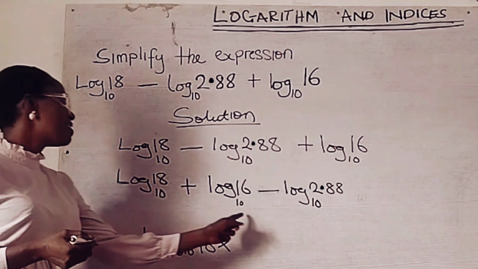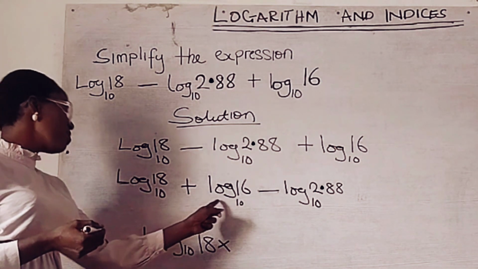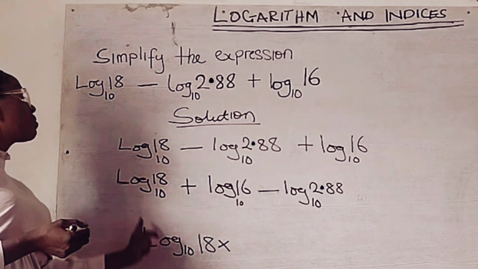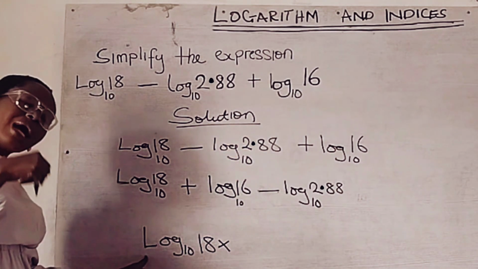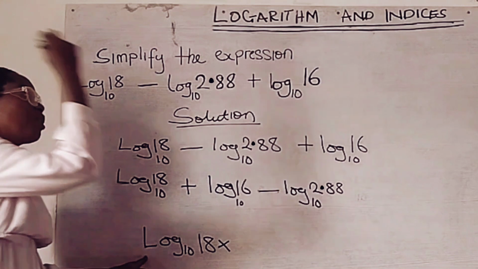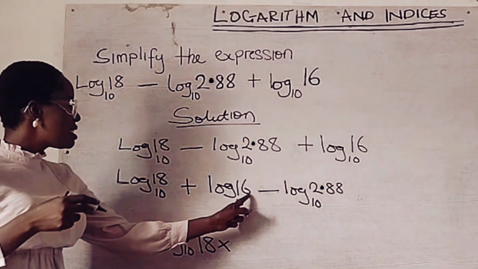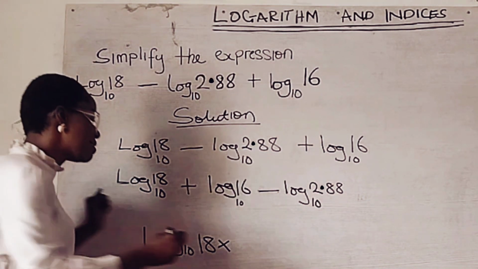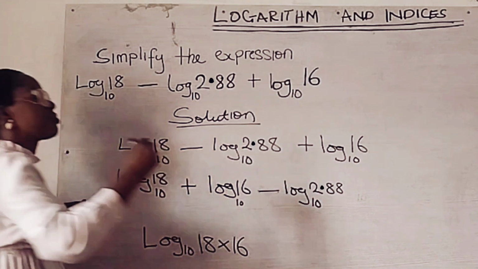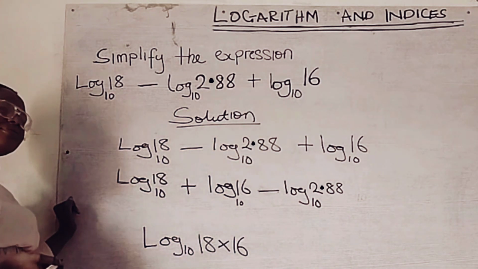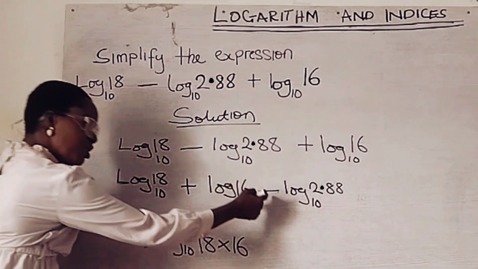I come to this side. I said I want to express this whole number with one log because I want to apply the laws of logarithm. So I'll write only 16. I come to this side.